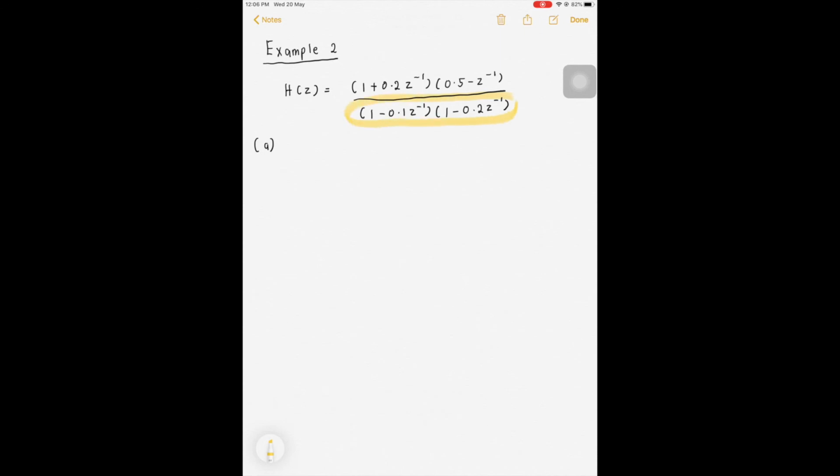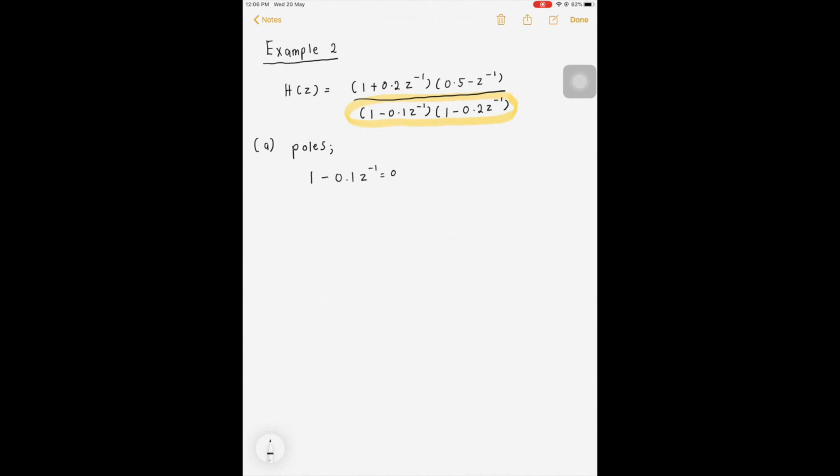How to get the poles value from the denominator part. From your denominator part, we have two values. So we have 1 minus 0.1 z^-1, another one 1 minus 0.2 z^-1. How to get the poles value? It's very easy.